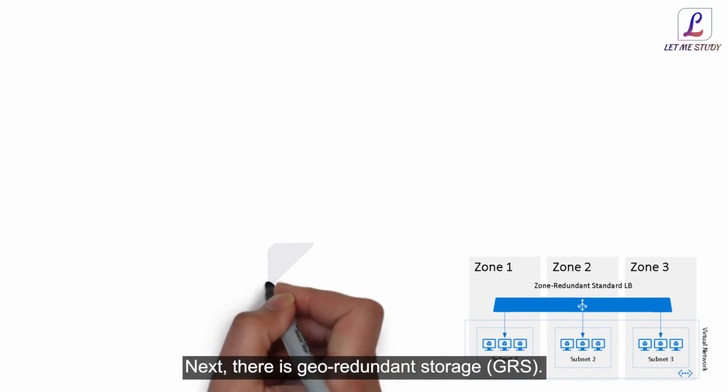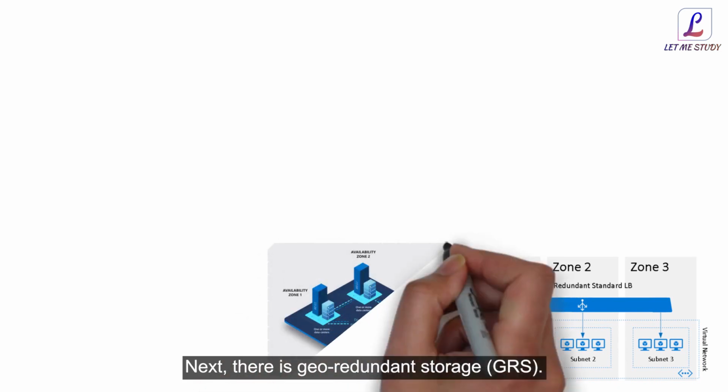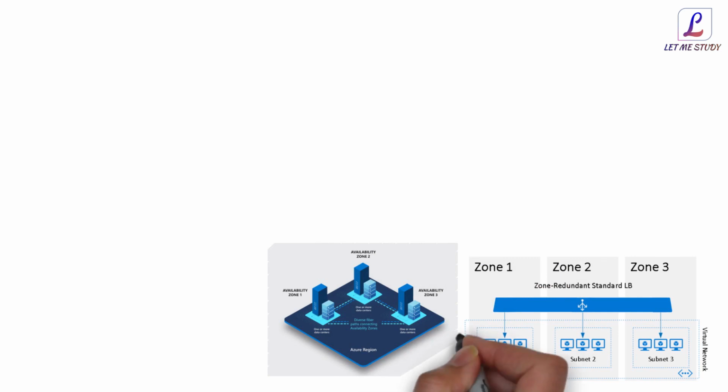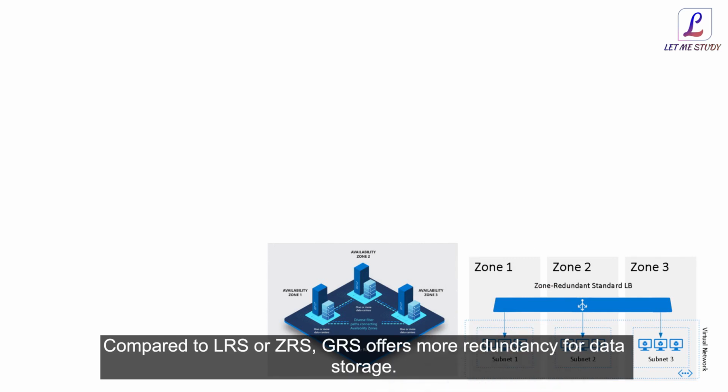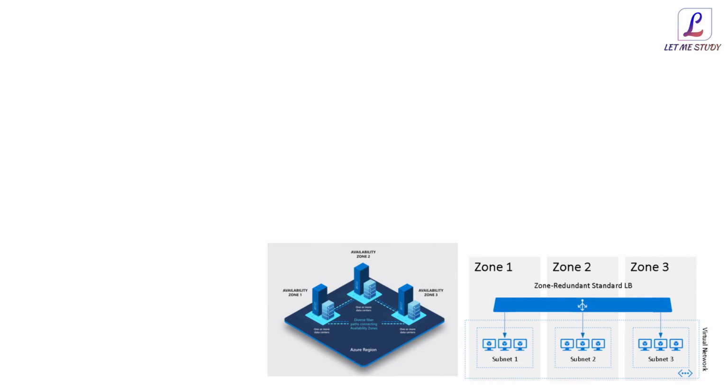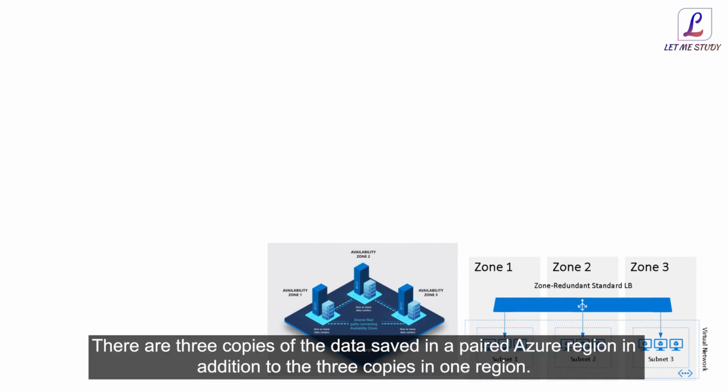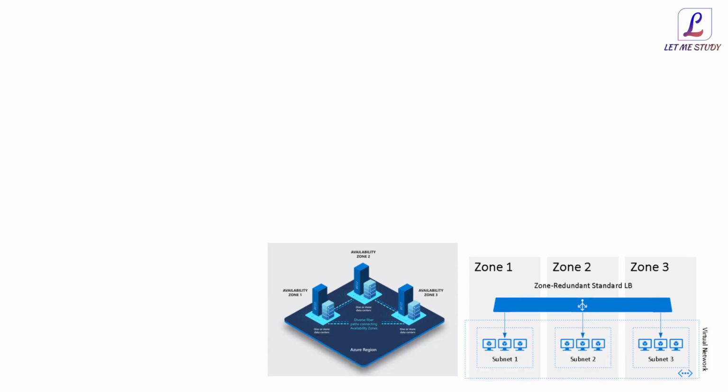Next, there is geo-redundant storage (GRS). Compared to LRS or ZRS, GRS offers more redundancy for data storage. There are three copies of the data saved in a paired Azure region in addition to the three copies in one region.